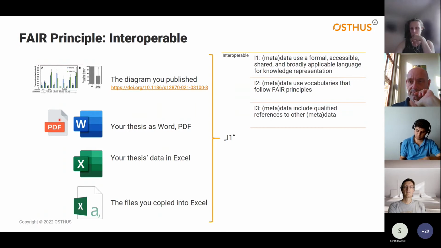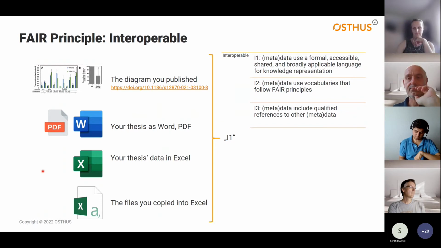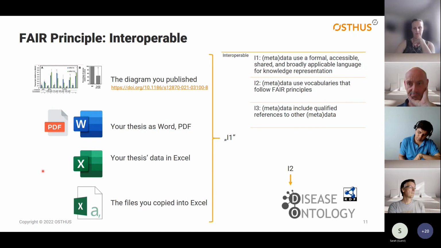So maybe a printout would even be the interoperable way of giving that to a human being. If you want to do some calculations on the data, you might go back to the source files or create a database instead. So it really depends on the context, on what you want to do with the data, what really means interoperable.